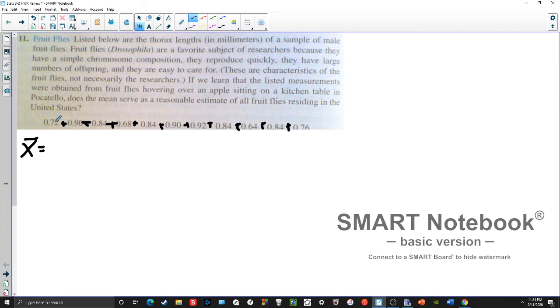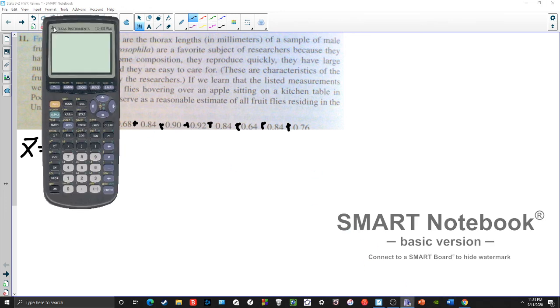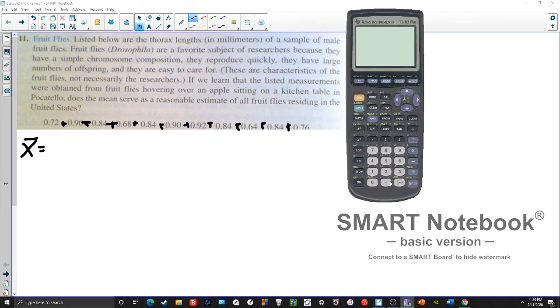If we add all these together, let me bring out my calculator: 0.72 plus 0.90 plus 0.84 plus 0.68 plus 0.84 again, plus 0.90 again, going through this, 0.92, 0.84, making sure I don't type any numbers wrong, and then lastly, 0.76.